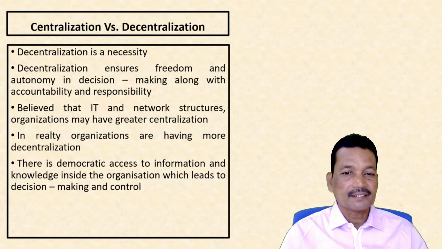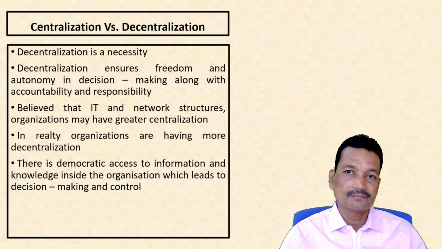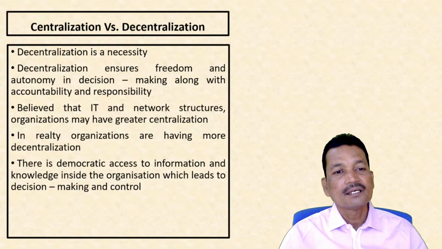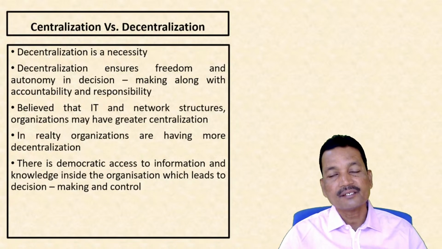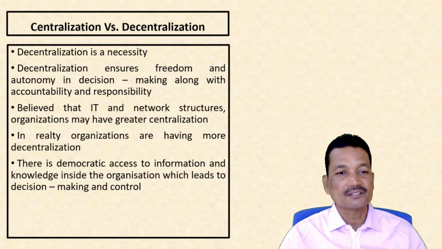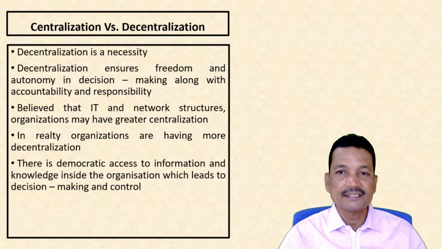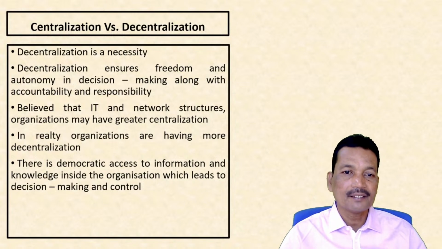It is believed that IT and network structure organizations may have greater centralization. Why? Because the information technology and the network structure deliver the information to the top management instantaneously, rapidly, so that they can take decisions.